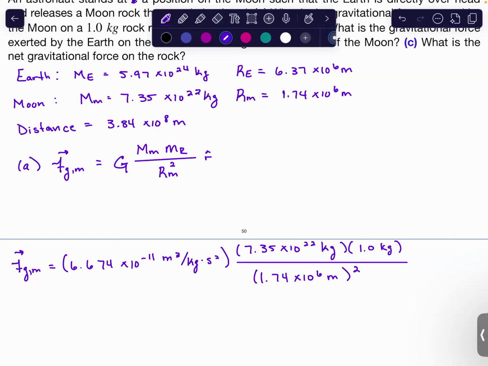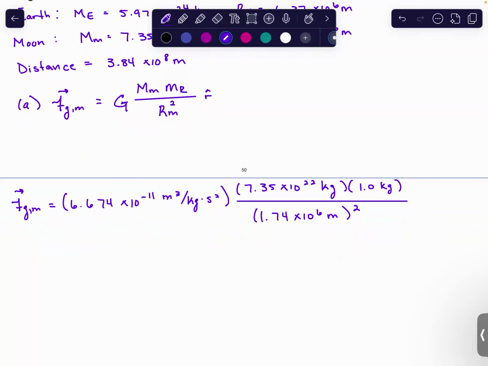We're going to square that. And you put all this into your calculator, and you find out that the force of gravity of the moon on the 1 kilogram rock is 1.62 newtons in the r hat direction, or the magnitude of that, since you only have the one direction, the one unit vector, your magnitude is going to be the 1.62 newtons.